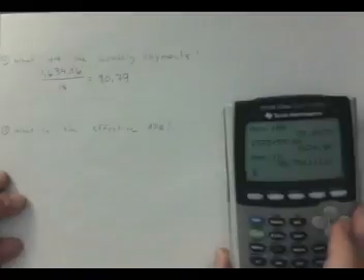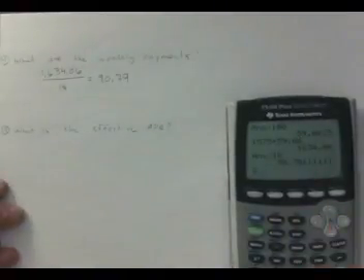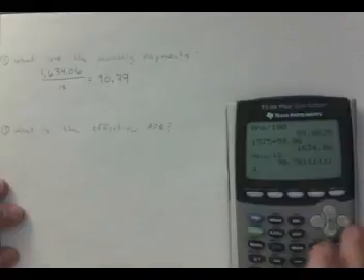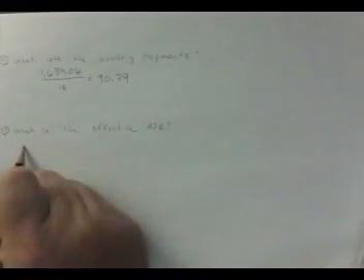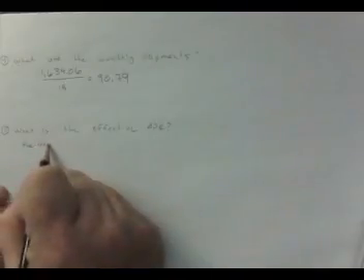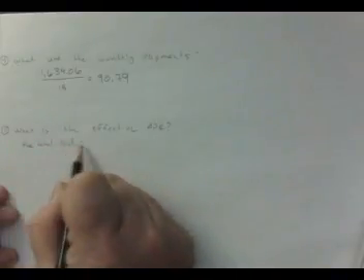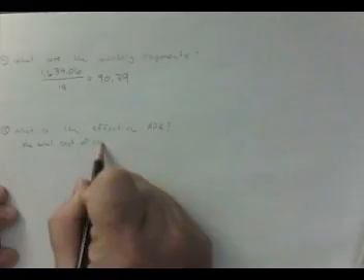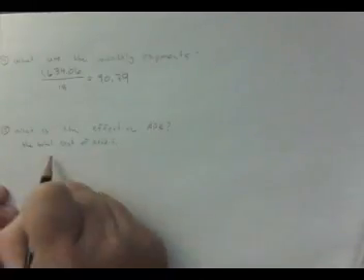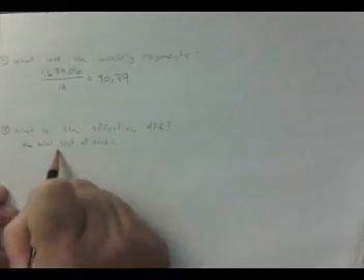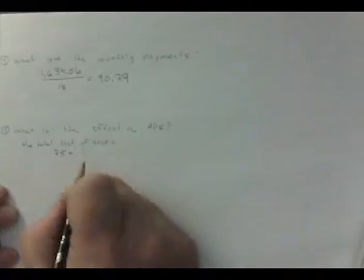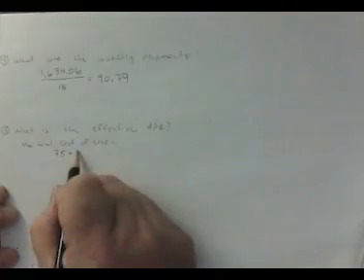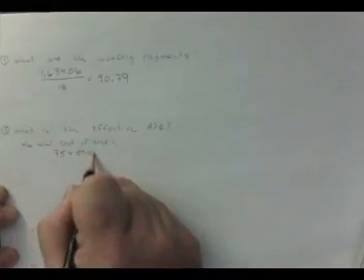Now we have to determine the effective APR. So remember that our total cost of credit are the charges that we paid, the $75, plus the interest that we had to pay, which was $59.06.